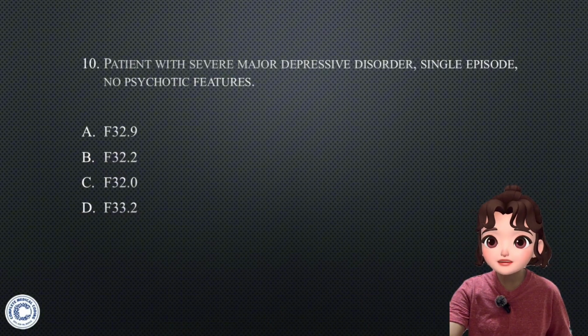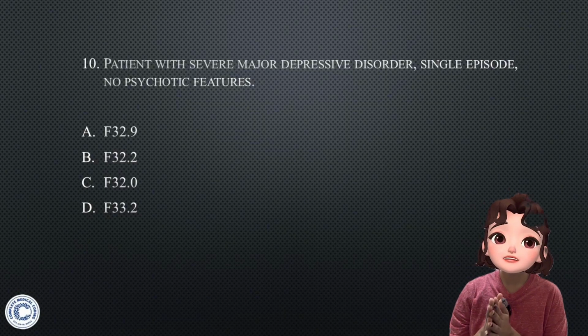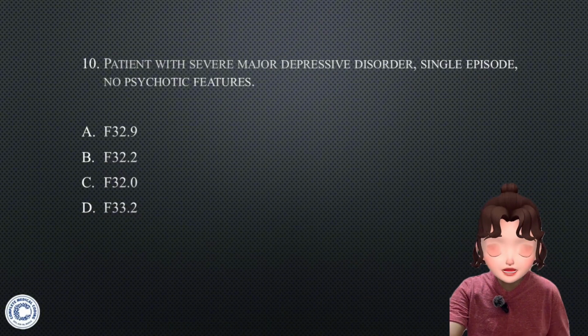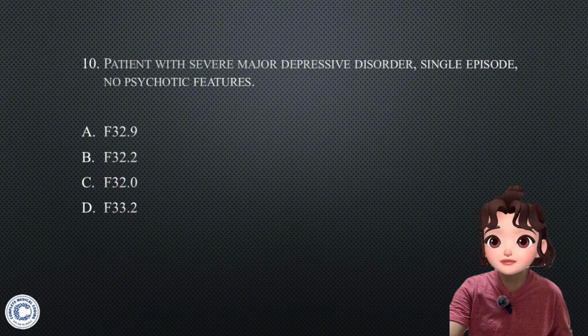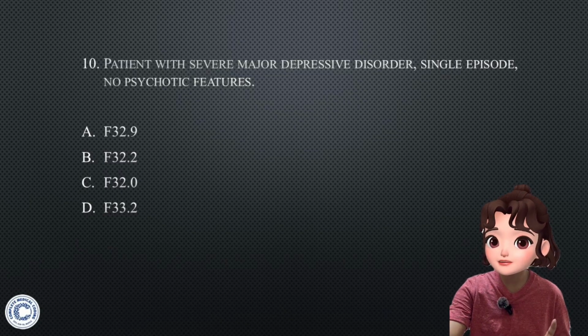And if you go to option D, F33.2, major depressive disorder, recurrent, severe, without psychotic features. See, all the options are almost the same. So in option D, recurrent is mentioned, another additional word which is not in our question. So option D is also wrong.